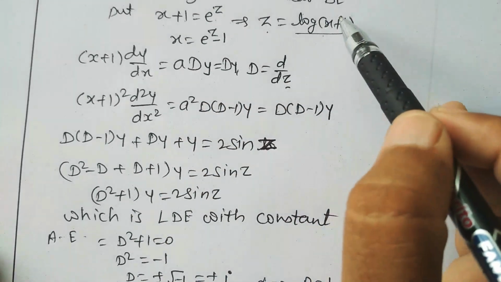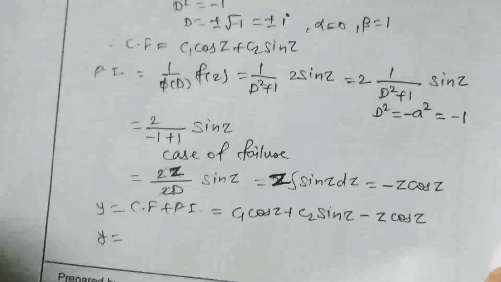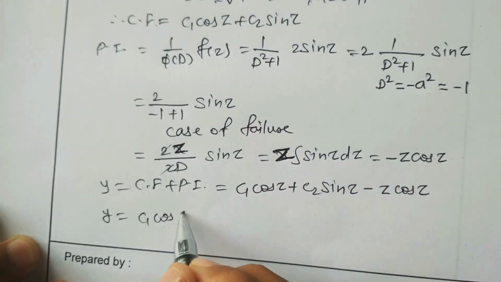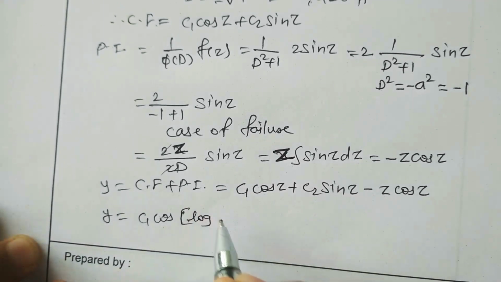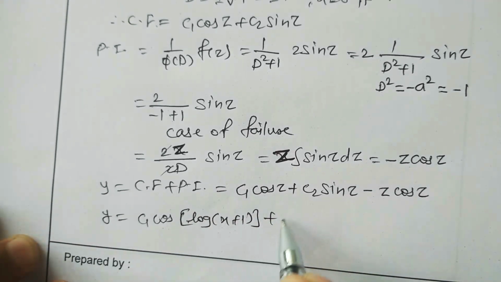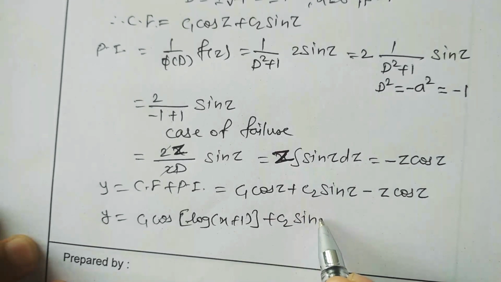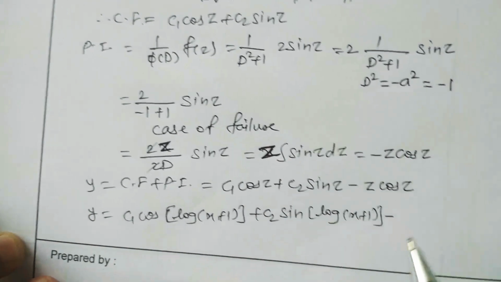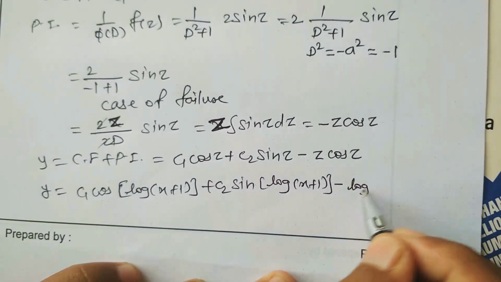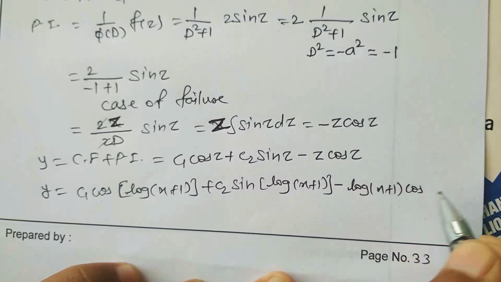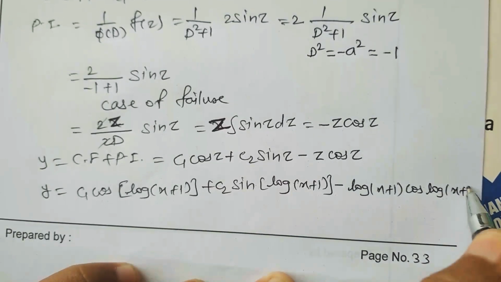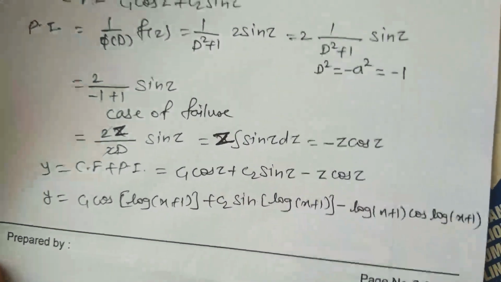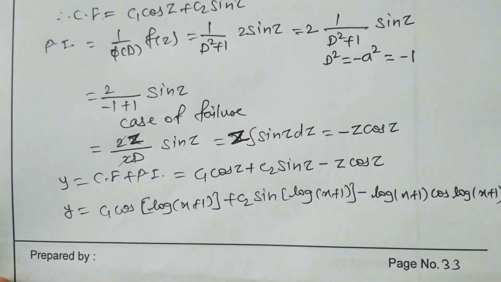Right now we are using z = log(x+1). We get y = C1 cos(log(x+1)) + C2 sin(log(x+1)) - log(x+1) cos(log(x+1)). So this is our final solution for the given Legendre's differential equation.